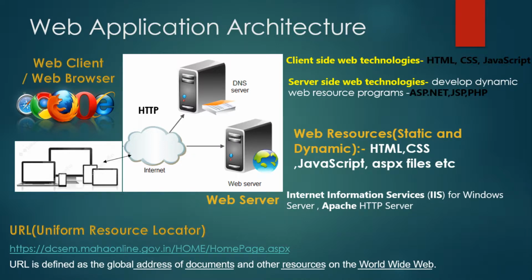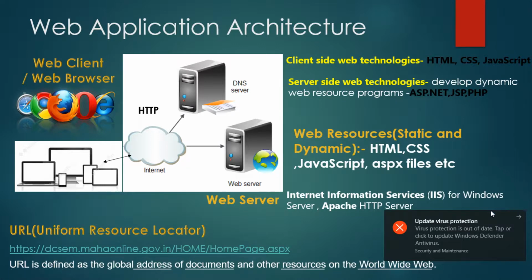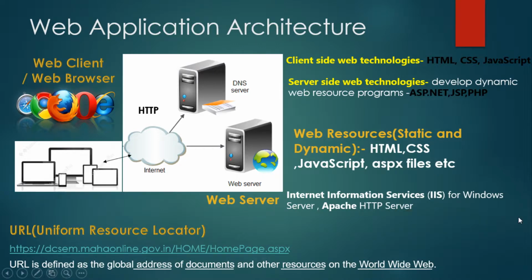So what will happen in the background, actually we are accessing the web resources. So web resources are nothing but HTML, CSS, JavaScript files, or any dynamic files like in our applications, that is ASPX files. So these are the web resources, and we are accessing those web resources using the browser.